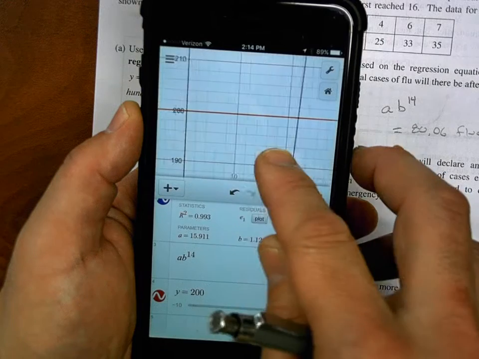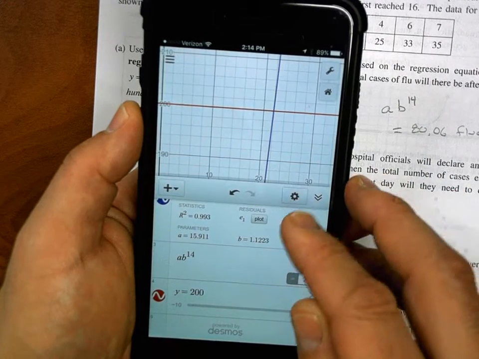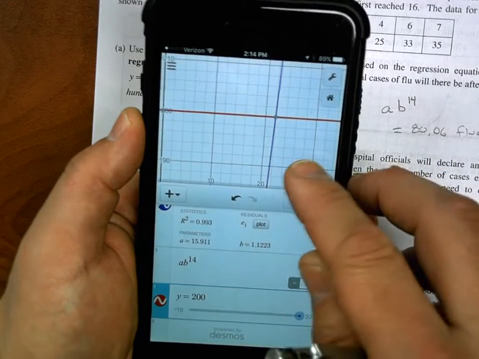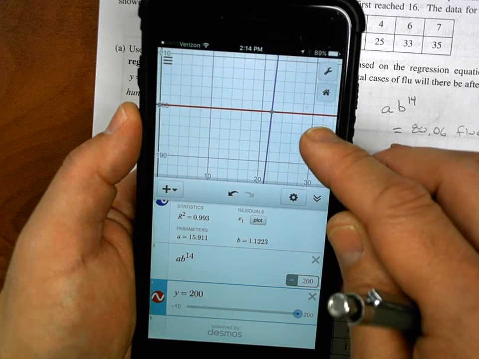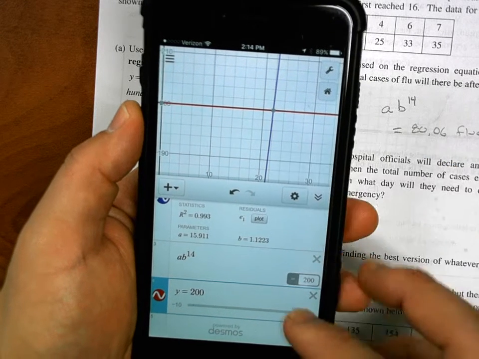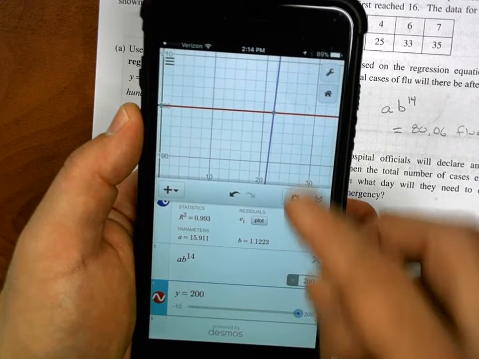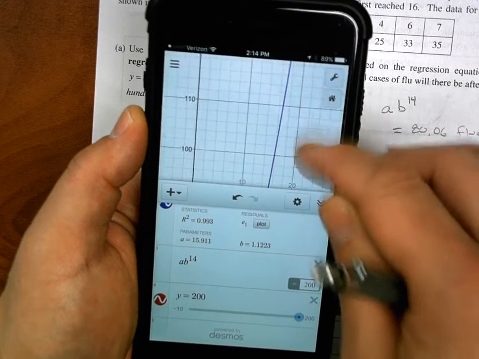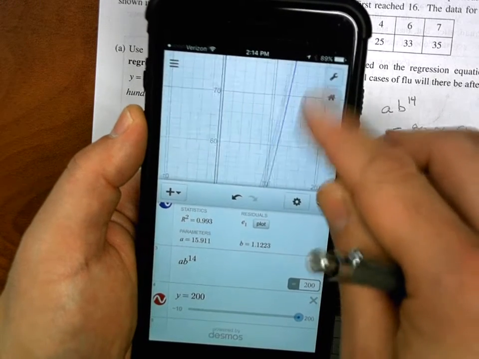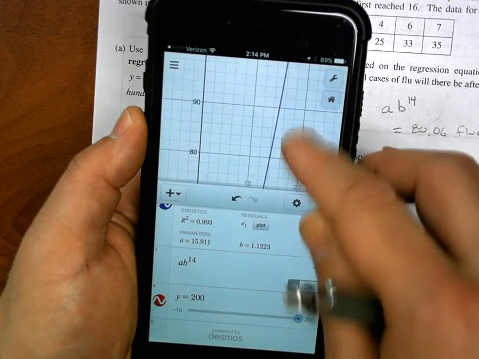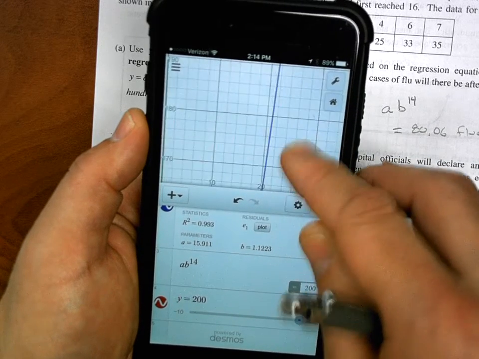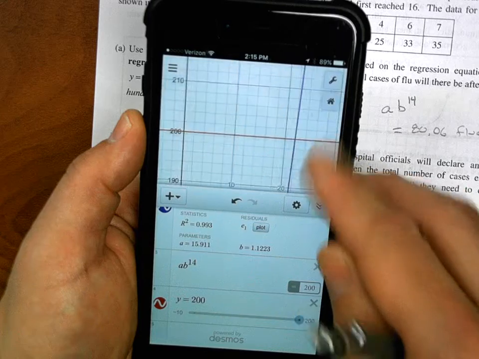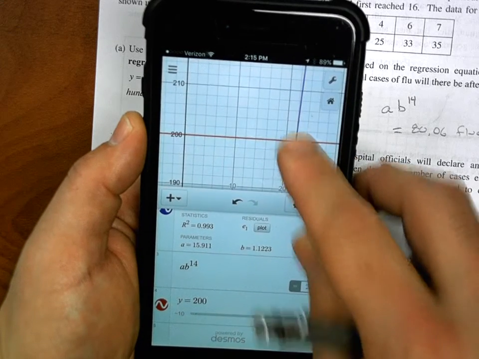Let's go up to 200, and if you just touch it, press and hold.